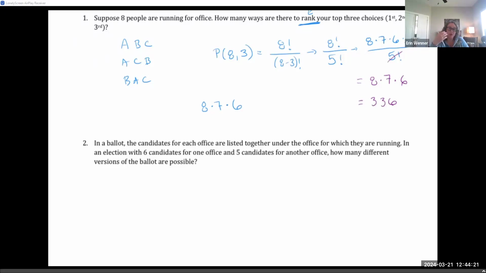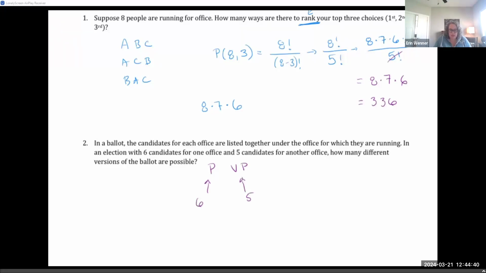we aren't necessarily looking at a permutation because, let's say we've got president and vice president, right? So there's 6 candidates for that position and 5 candidates for each of those positions.